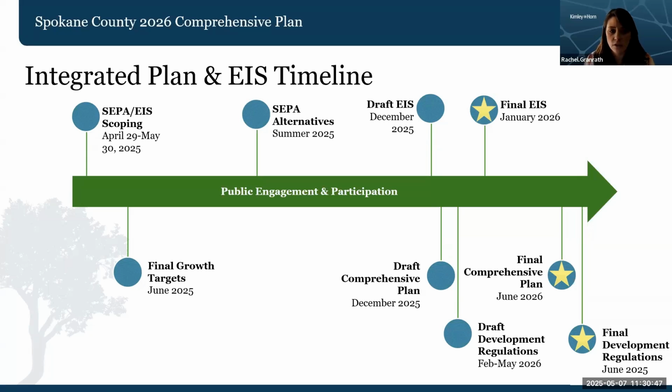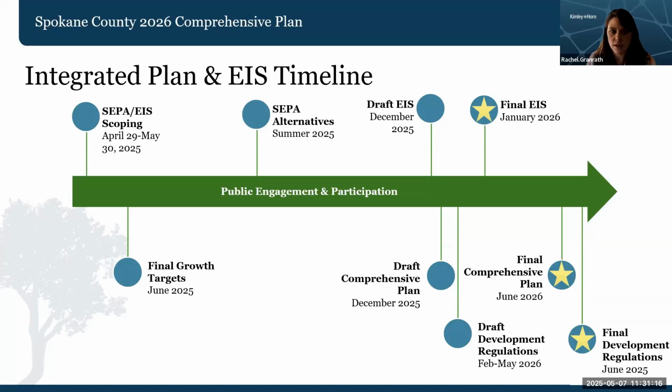We're looking at getting our final growth targets, which accommodate both the comprehensive plan as well as the EIS, in June. Then we'll set our alternatives with the SEPA, and we'll get into what that means in just a few slides, over the summer of this year. All of your comments will inform what we look at for those alternatives, as well as a multitude of other things, such as where our growth is looking and where we should focus.